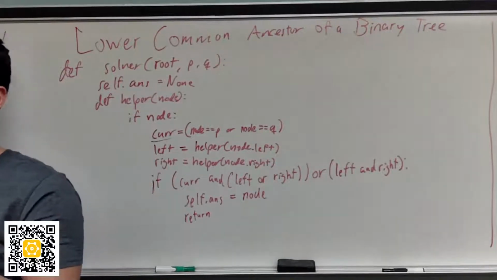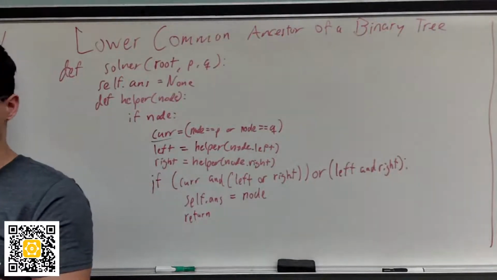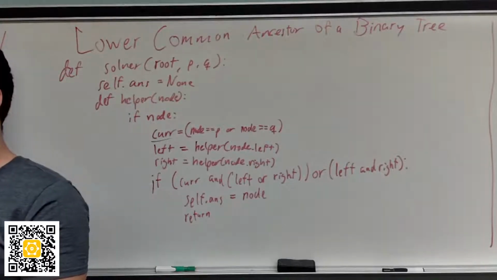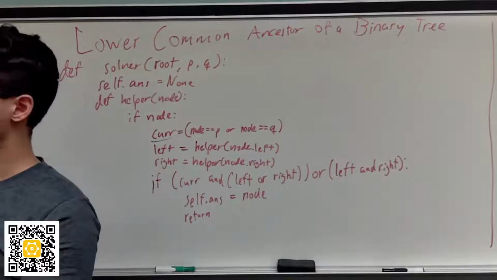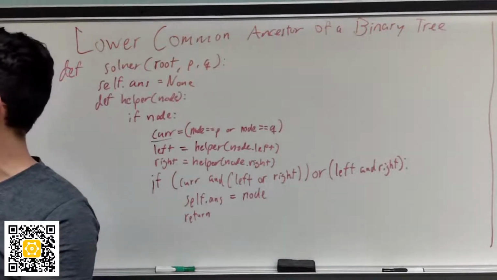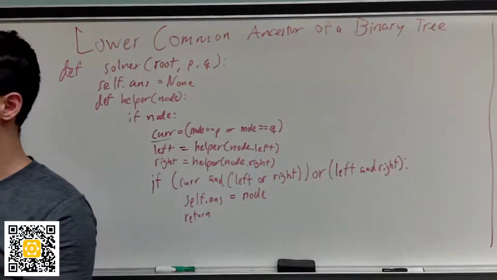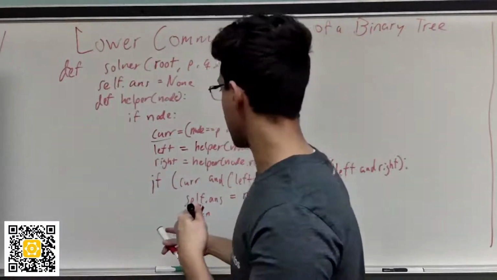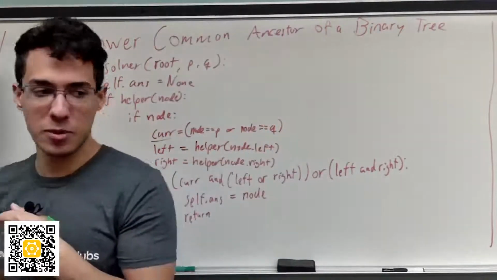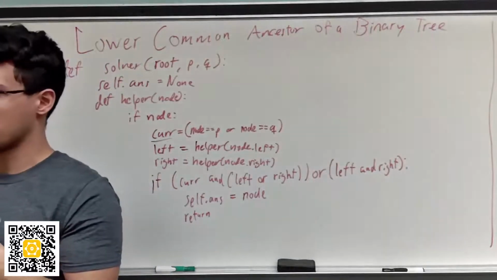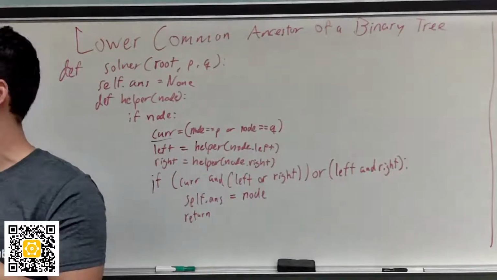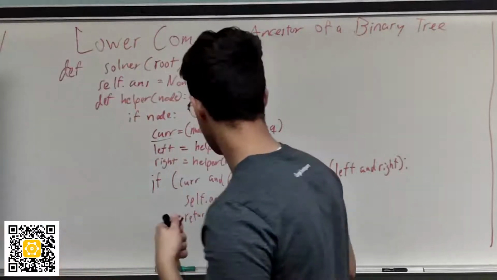Why do we return false? So we don't pick this. If this returns true, well, actually, it probably wouldn't happen. It doesn't really matter, but we just want to make sure this doesn't return as a valid answer, because we want the lowest one, which is this one. So return false.